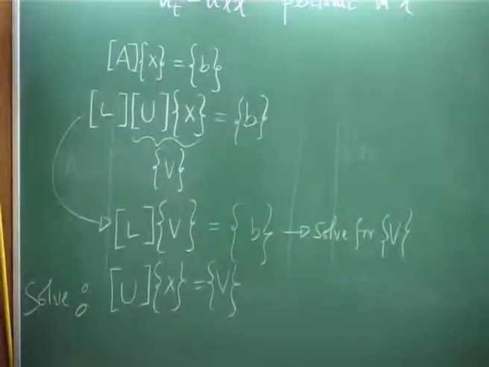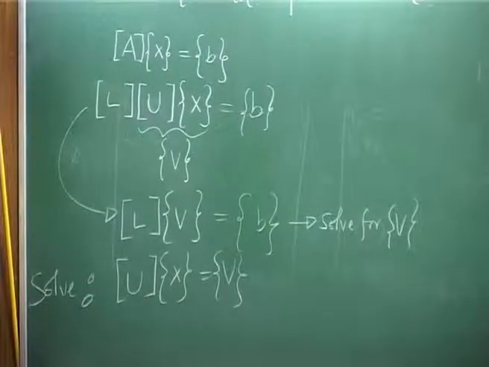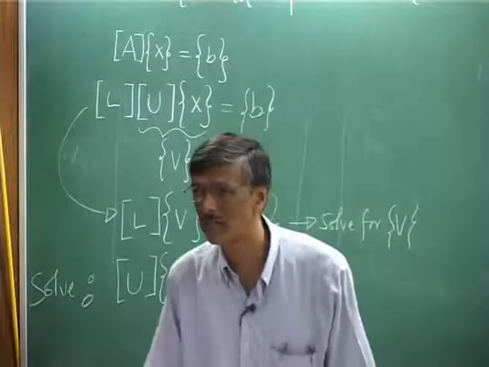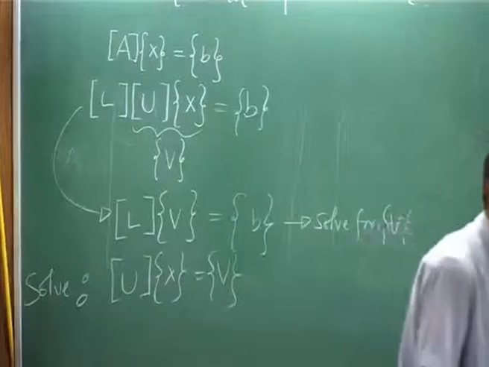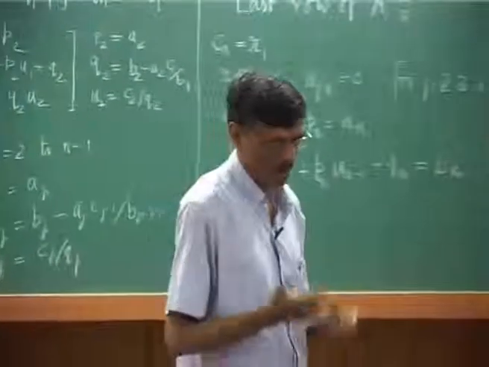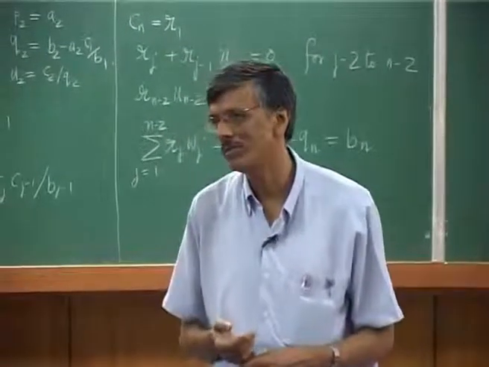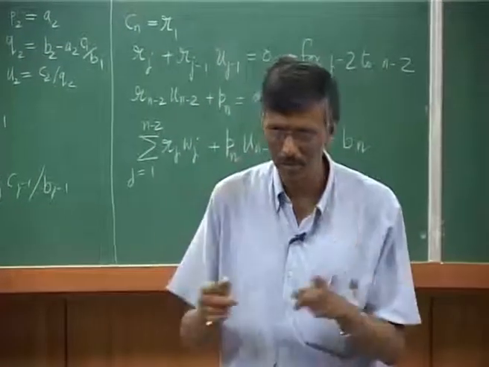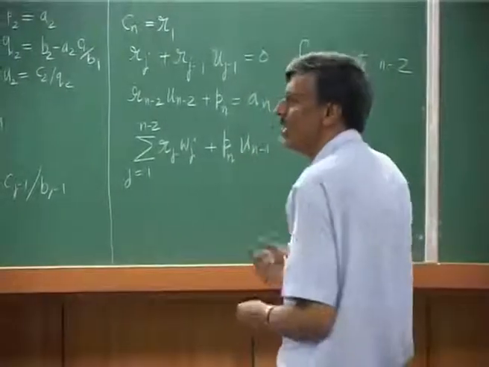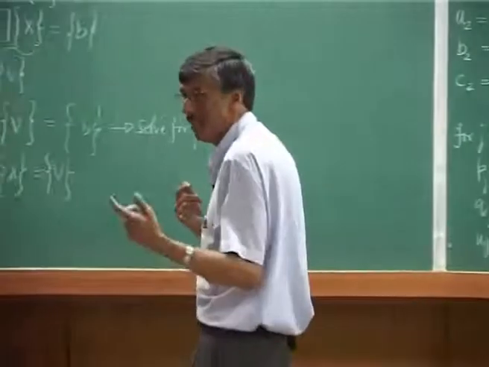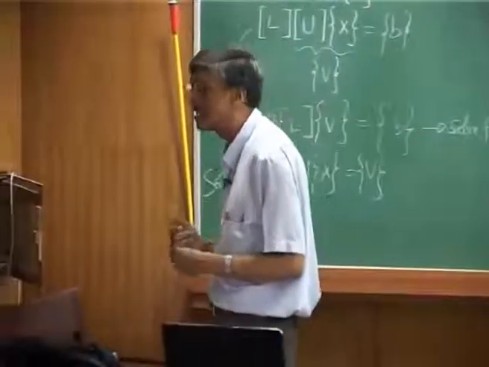So, you understand that it is somewhat more work. I did not do any accounting, but if you had counted the number of operations, you would have noticed that the non-periodic tridiagonal matrix operation requires roughly about 5 n operations. If n is the matrix rank, then you do not do n cube like what you would be doing for direct inversion. You get it by 5 n operations, and this is a great saving.